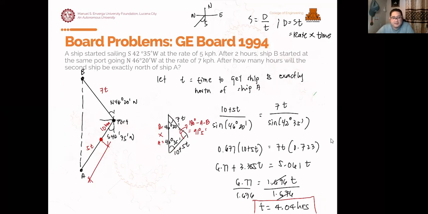So you can try using cosine law: do sine law first, get the value of x, and then cosine law, get the value of t. Okay? So practice it yourselves, to see if 4.04 hours also comes out. Okay?